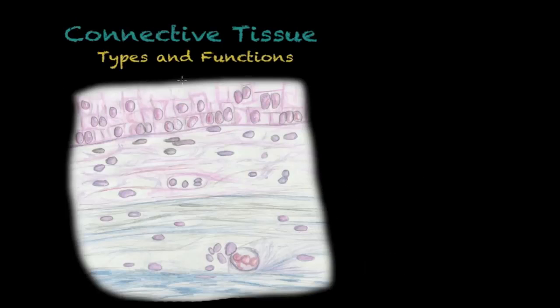Of course, I could do many lectures talking about the many types of connective tissues that are out there, but I chose to just briefly discuss a couple of types which I believe are very important. And these types are usually associated with or near epithelium. If you have a question or a doubt about what epithelium is, I suggest you look at the lecture that I have available here on epithelium.